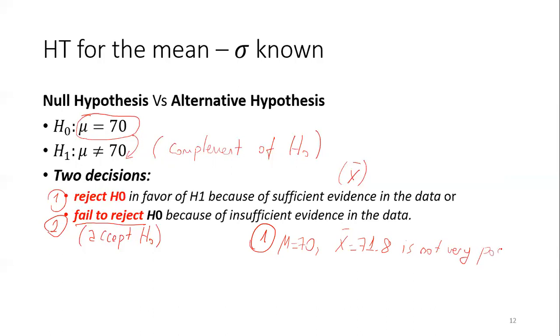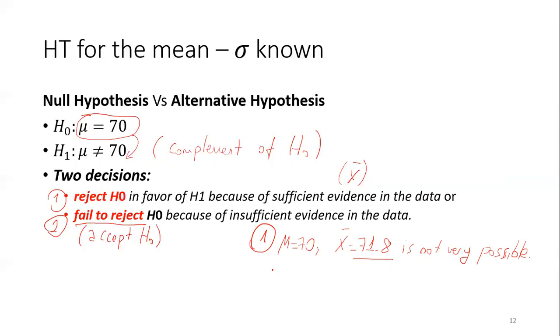Okay. Again, what does this mean? If the average lifetime of people in Turkey is 70, then observing an average lifetime of 71.8 years for 100 people is not very probable.